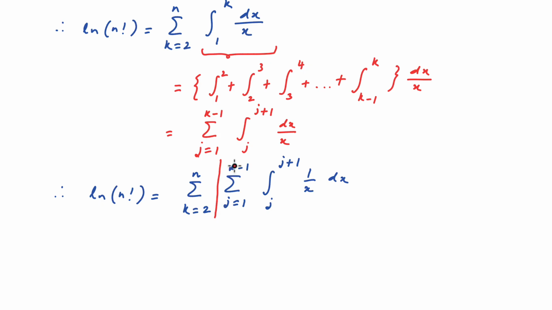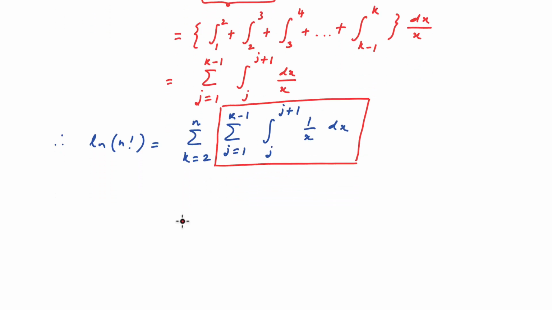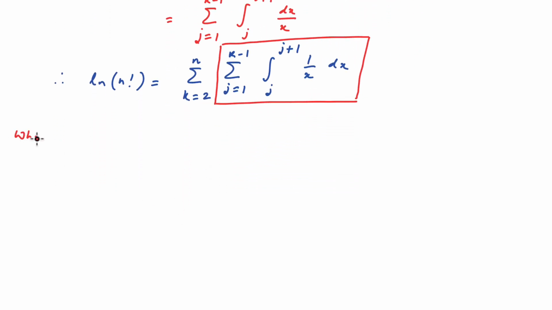Now the summation on the inside, let's calculate its value for different values of k. When k is equal to 2, the expression on the inside can be written as summation j going from 1 to 1 integral j to j plus 1 1 upon x dx.